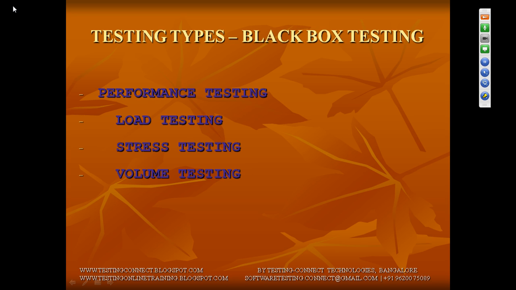Okay, customer expected load is 10,000 users. If your application is working fine for 10,000, that is nothing but load testing. But the client cannot always expect that a maximum of 10,000 users will try to access the application. So at that time what you will do is put extra stress on that application.